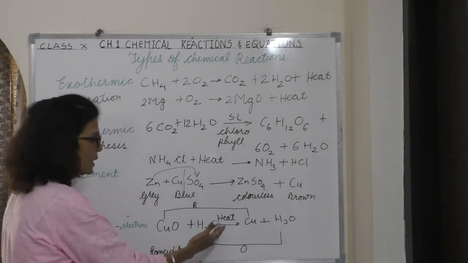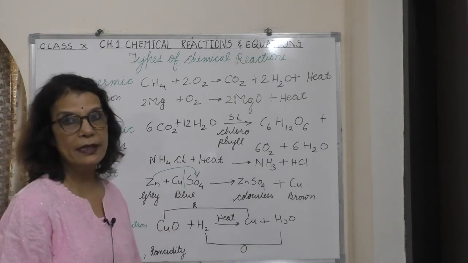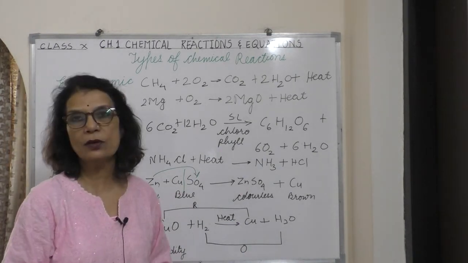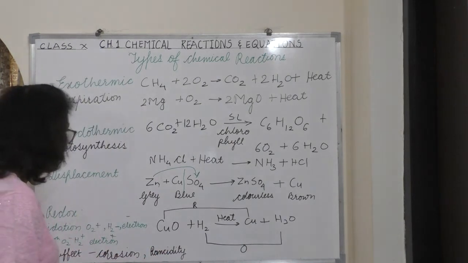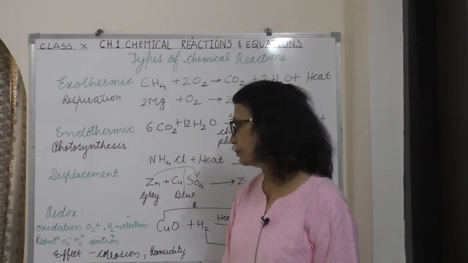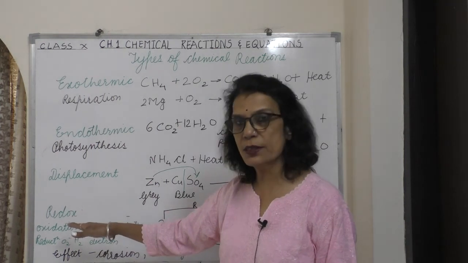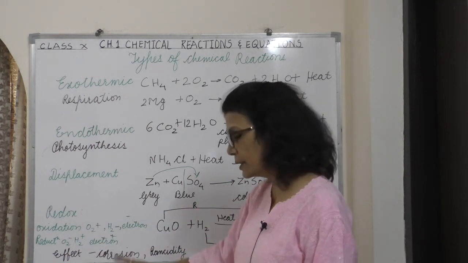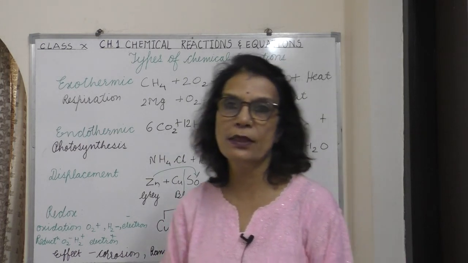So this is the example of a redox reaction in which both reactions are going on. Now next I am going to tell you about the effects of redox reaction. Number 1, corrosion takes place, and number 2 is rancidity.